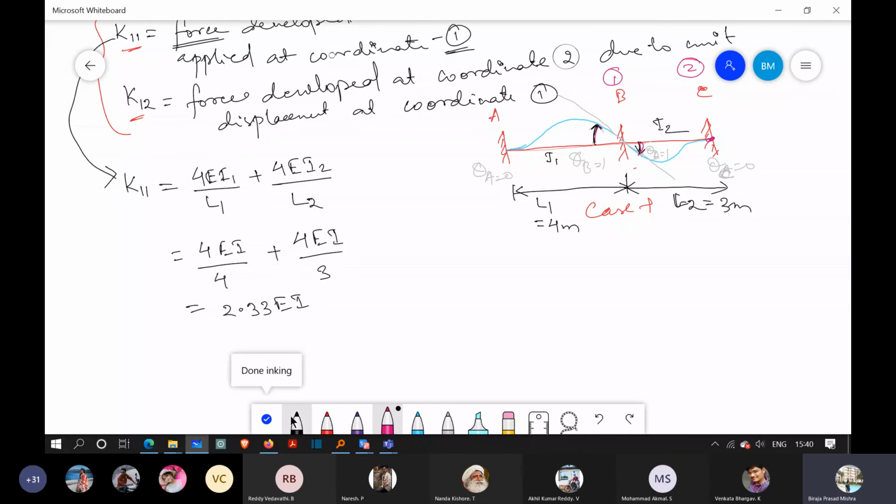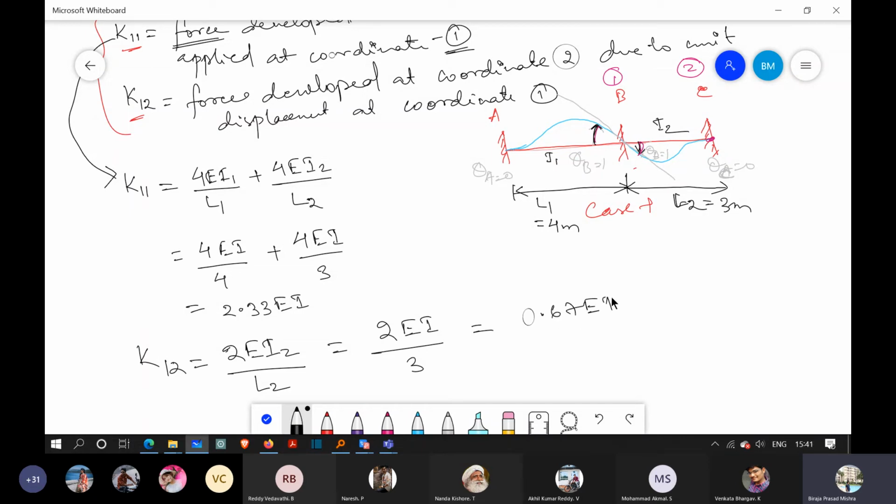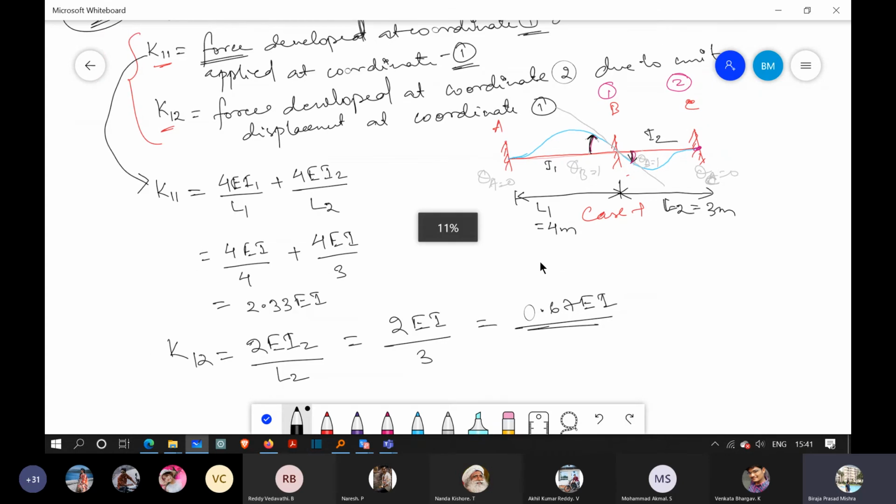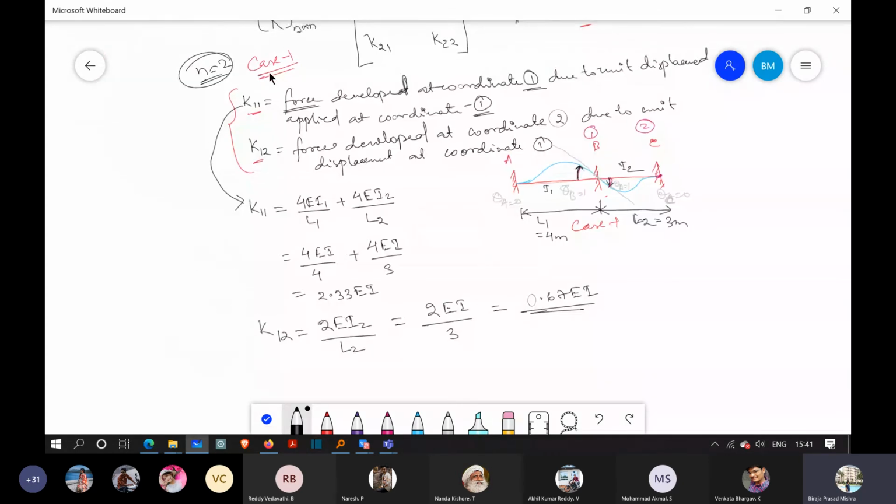So K12 equals 2EI2 by L2, so it is 2EI by 3. So this becomes 0.67 EI. Okay, so this one is for case 1.